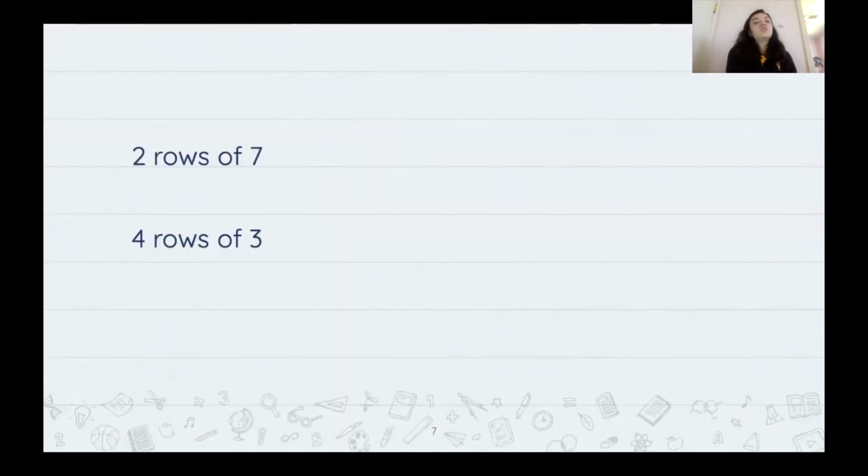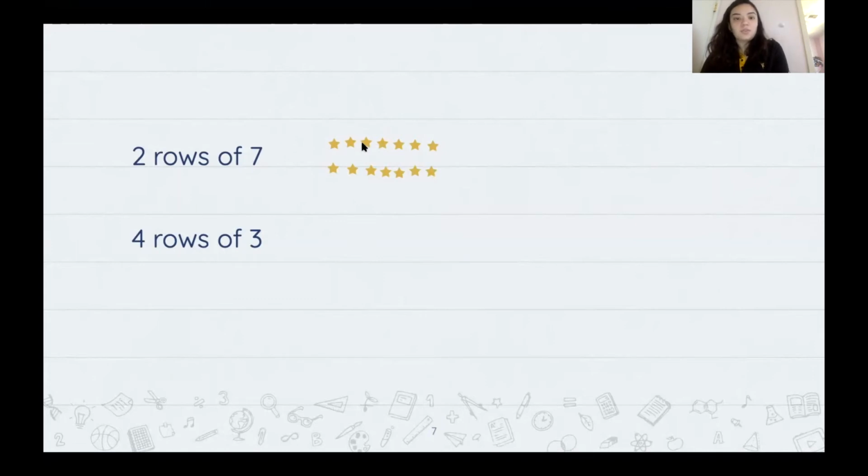So now I want you to make 2 rows, using your counters, 2 rows of 7. So I'm going to use my stamper, I'm going to make that. 2 rows of 7. So 1, 2, 3, 4, 5, 6, 7. And 1, 2, 3, 4, 5, 6, and 7. So now we're going to write our division sentence. So first thing we need to find is the total.